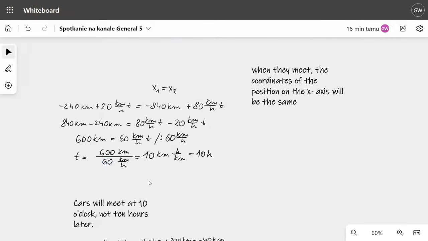First car began to move at 2 o'clock, so he has been moving for 10 minus 2, this is 8 hours. Second car departed at 3 o'clock, so he has been moving for 10 minus 3, this is 7 hours.